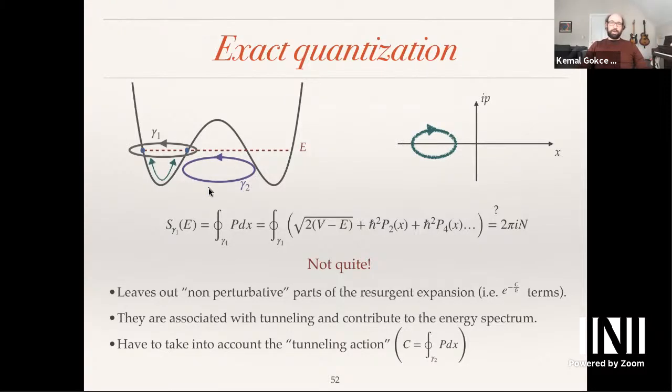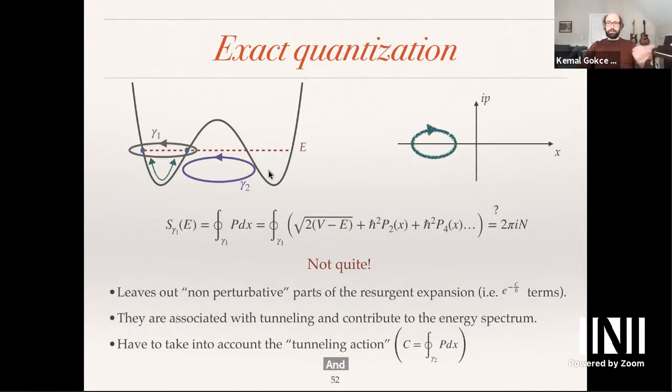Actually, what you're leaving out exactly are the non-perturbative parts of the resurgent expansion that are associated with this gamma 2. These will generate e to the minus some constant over H bar terms, and they do show up in the energy spectrum. Physically they're associated with tunneling between these two minima.